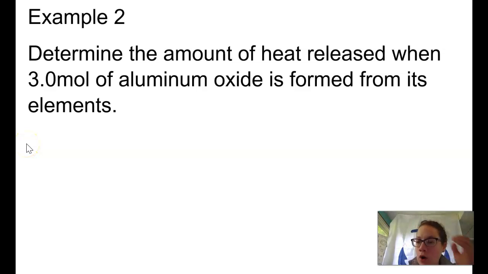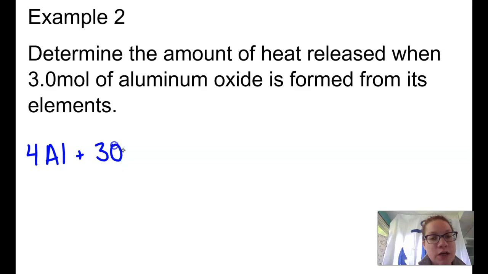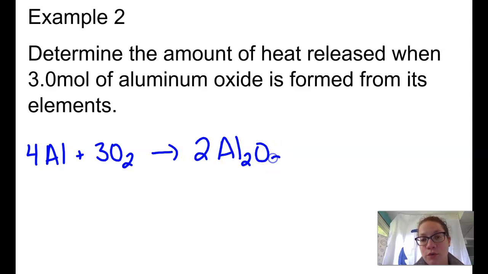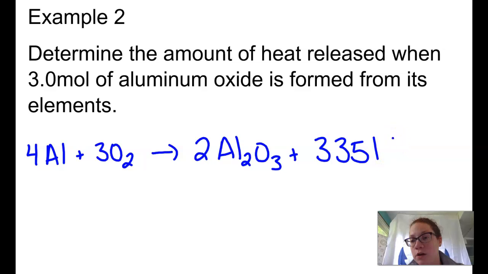So I'm going to leave off the states of matter because it's not really needed in this problem, and it's just going to take up room. So I'm going to say 4 moles of aluminum react with 3 moles of oxygen to form 2 moles of Al2O3, which is aluminum oxide, plus 3,351 kilojoules.